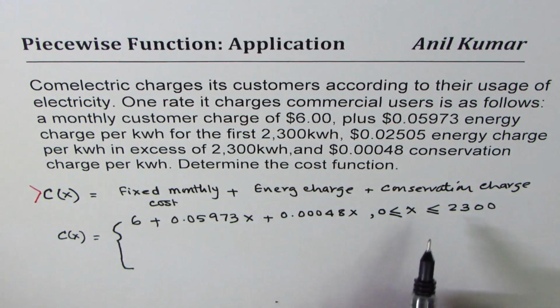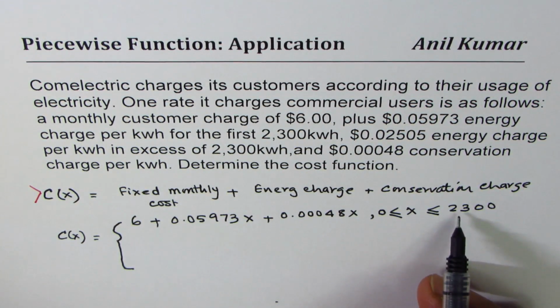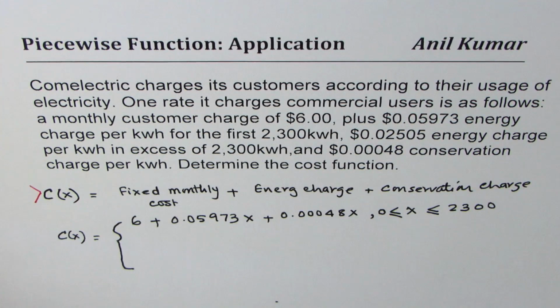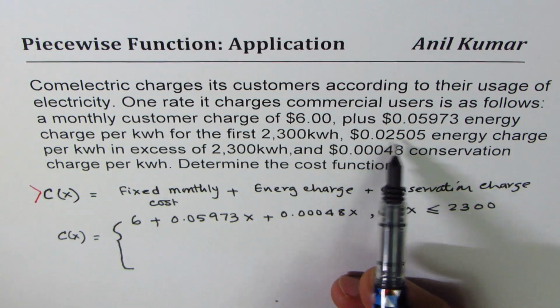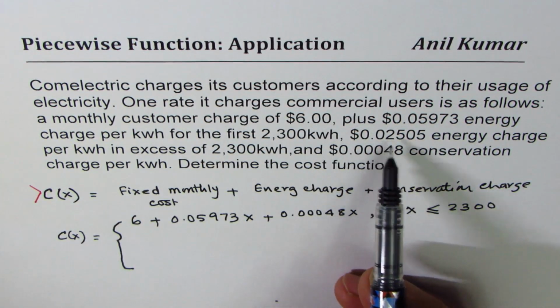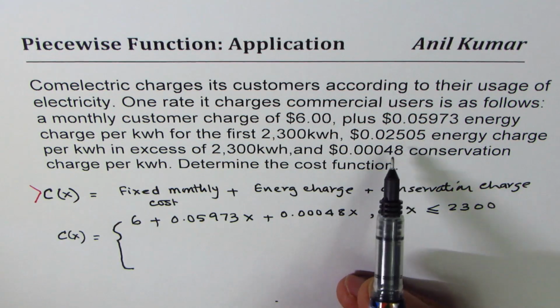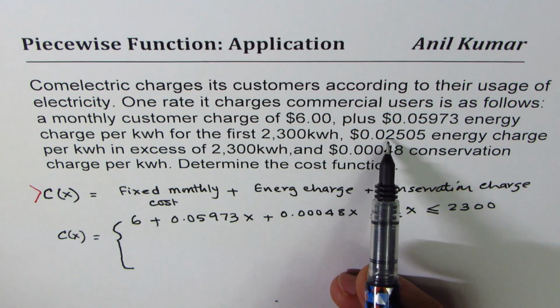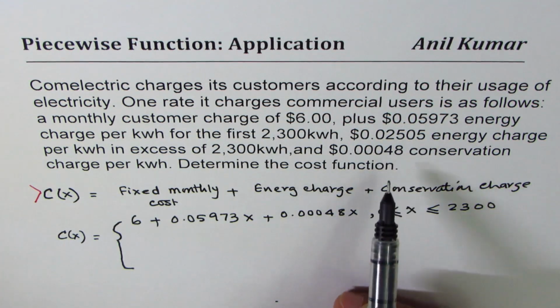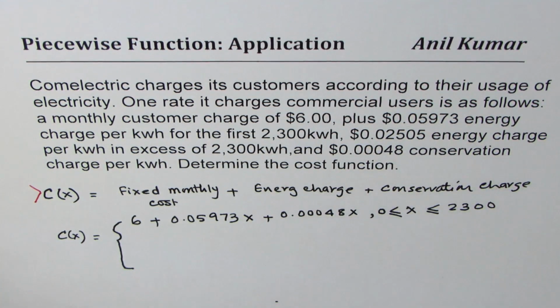Now the idea is, what happens when we consume more than 2300? The extra energy consumed is charged at the higher rate, and that rate is 0.02505, and this is over 2300.